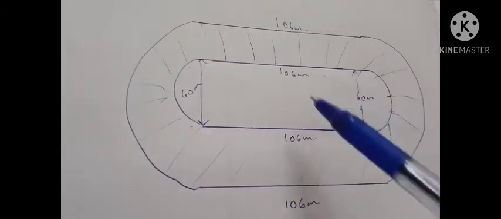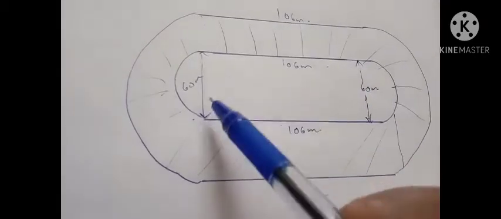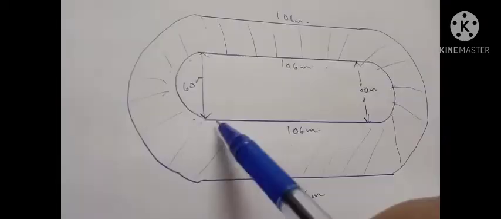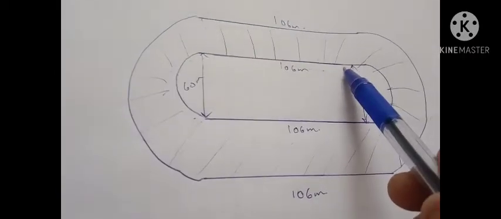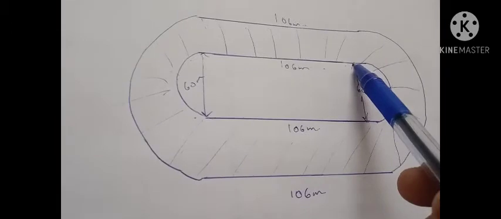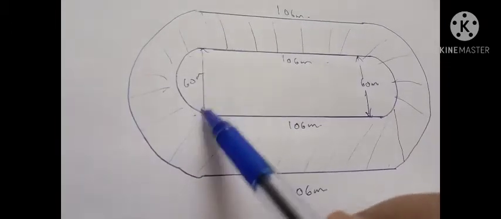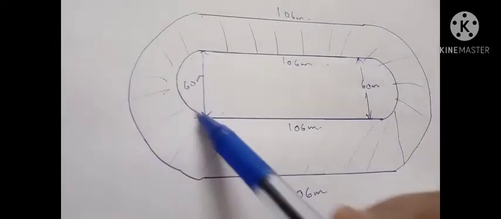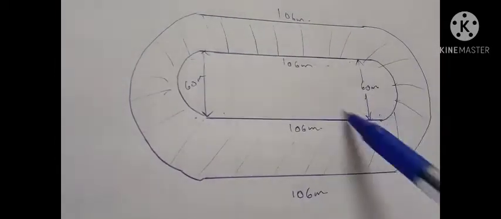So here we have to find first the perimeter of this inner part. For that we have to add all these parts. This length is given as 106, this length is also 106. Then we have to find this curved part and this curved part. In the question it is given that these two curves are semicircles, so these two together will be a circle.